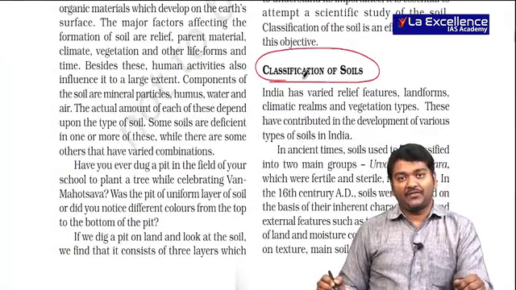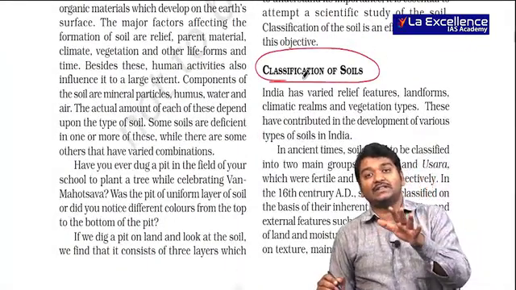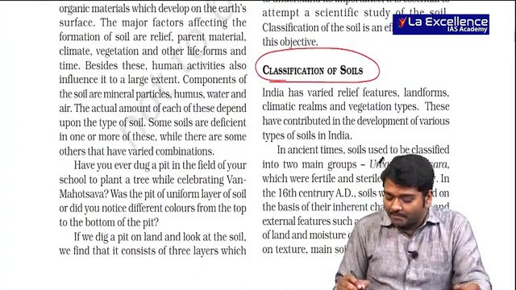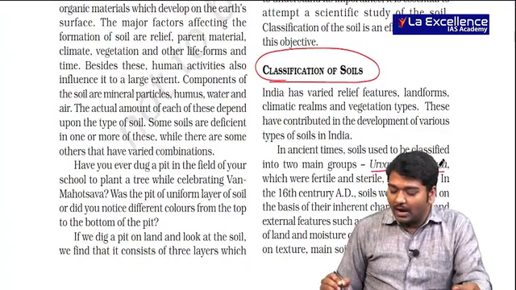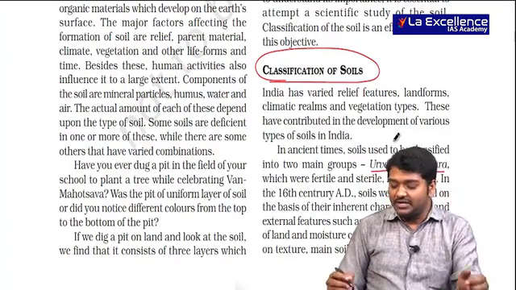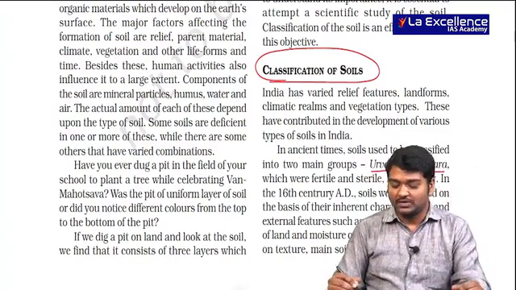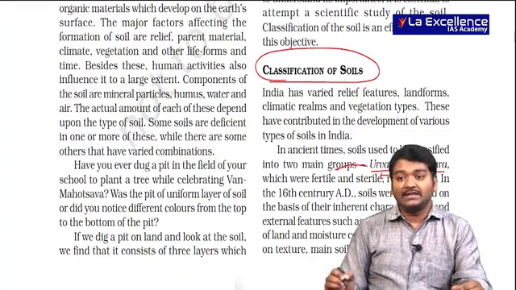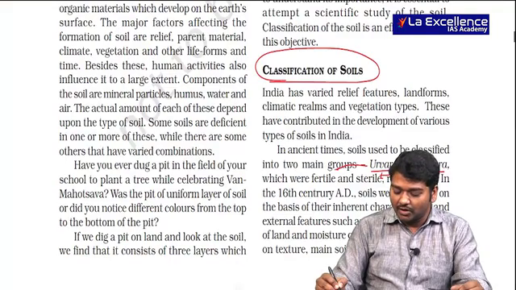Whenever we talk about classification of soils, different people classify soils differently. Now first, in olden days, soils used to be called Urvara and Usara. Urvara means fertile. Usara means sterile, that is, not beneficial for growth.